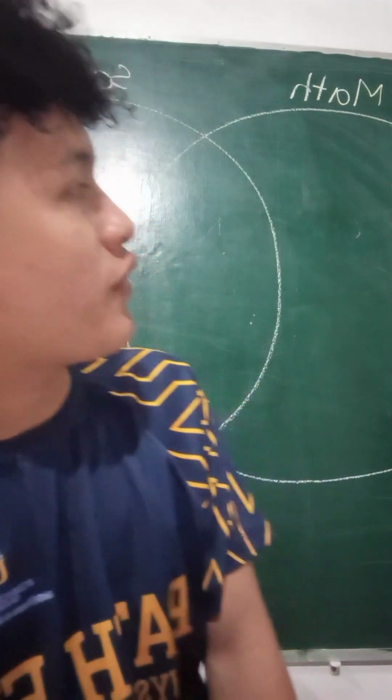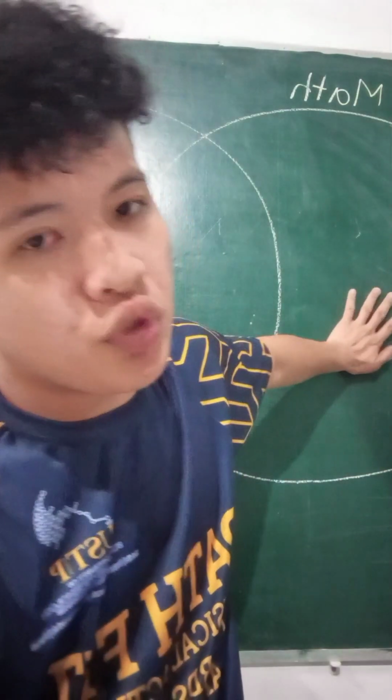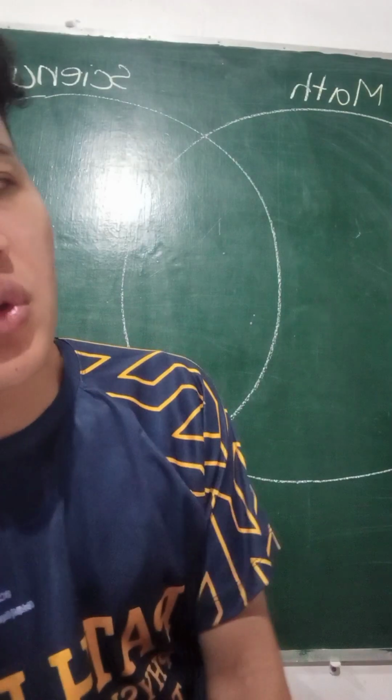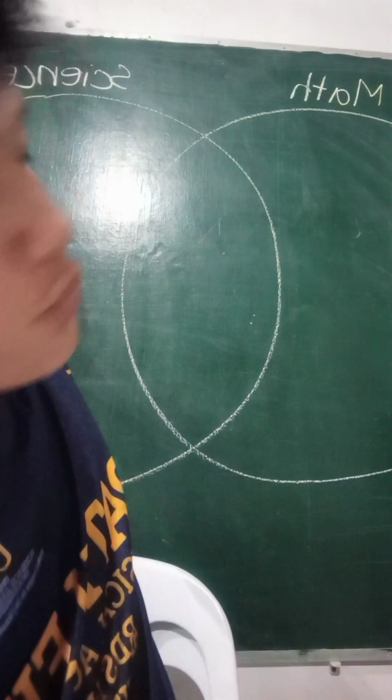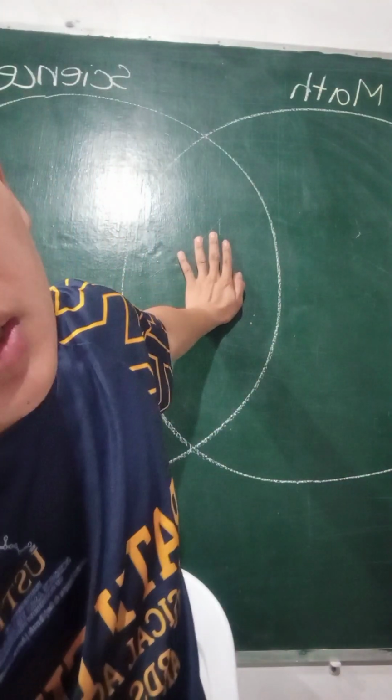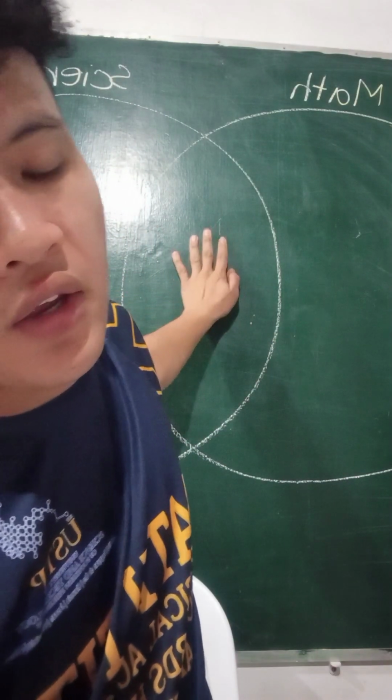For those who love mathematics, you're going to put your hand here, for those who love science, you're going to put your hand here, and for those who love both math and science, you're going to put your hands here.